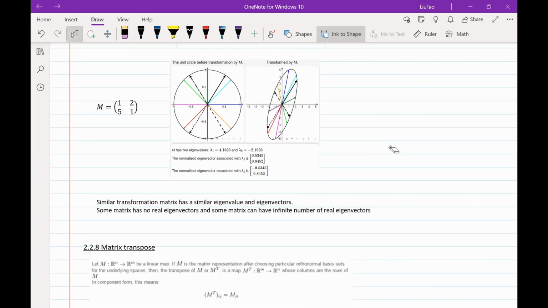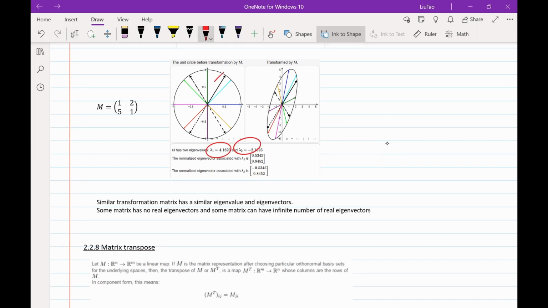For the next example, we have the matrix 1, 2, 5, 1, and we do the same thing. For this matrix, we can find two eigenvalues and two eigenvectors.